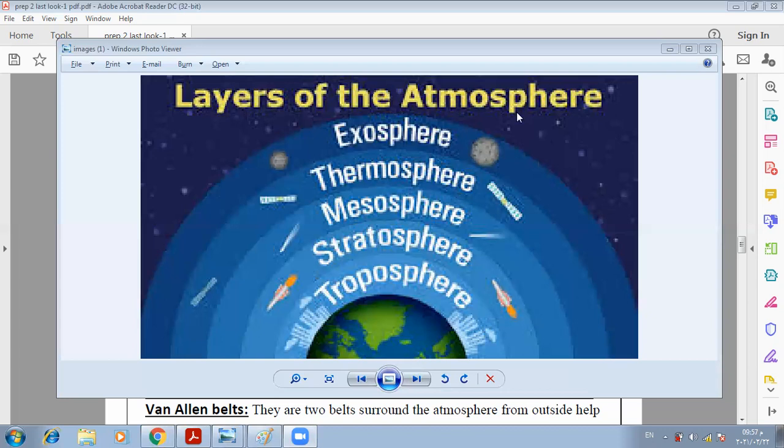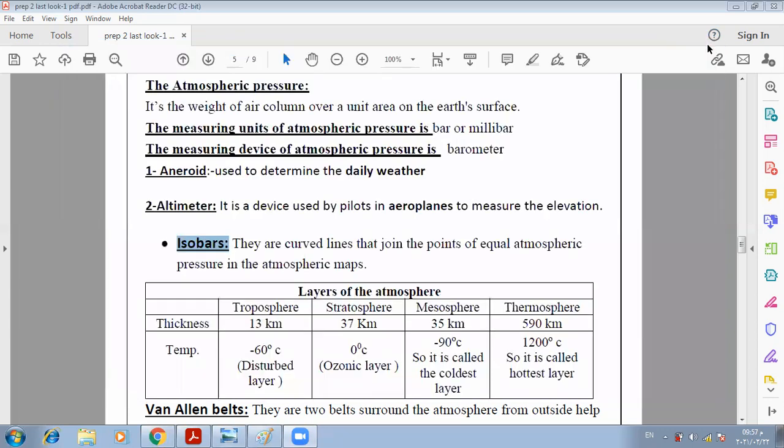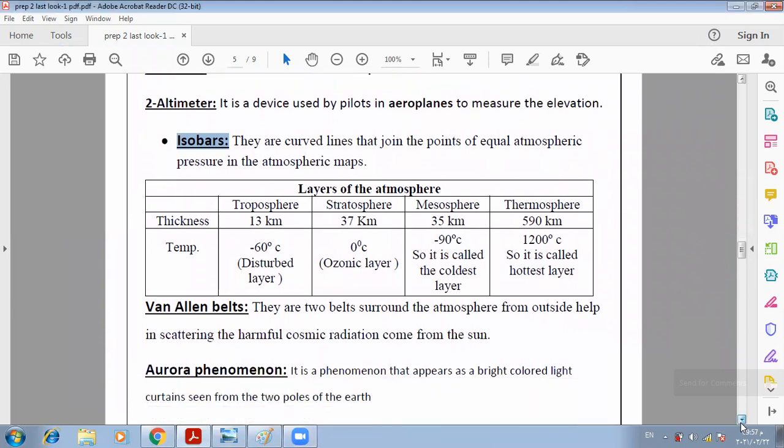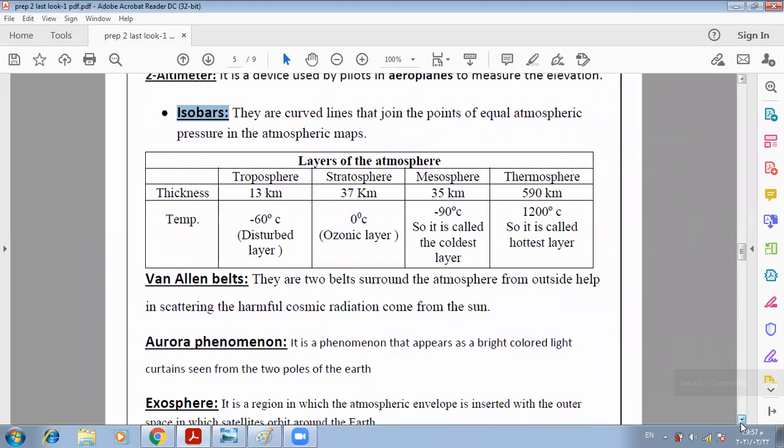Okay, let's continue, back to my PDF. After the earth, I have something very important called the Van Allen belts. They are two magnetic belts which surround the atmosphere and the earth from the outside, far outside the whole atmosphere, helping in scattering any harmful cosmic radiation that may come from outer space.